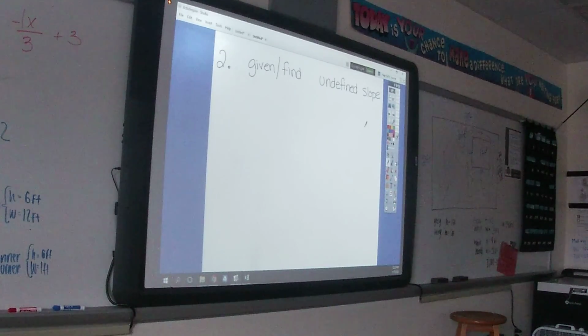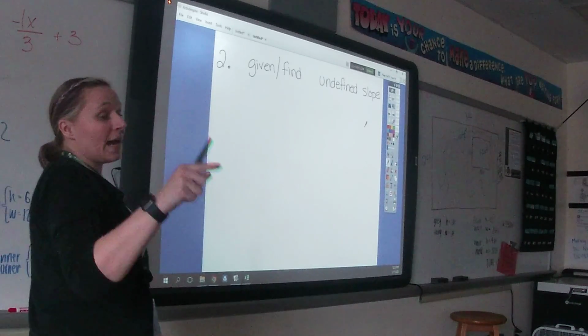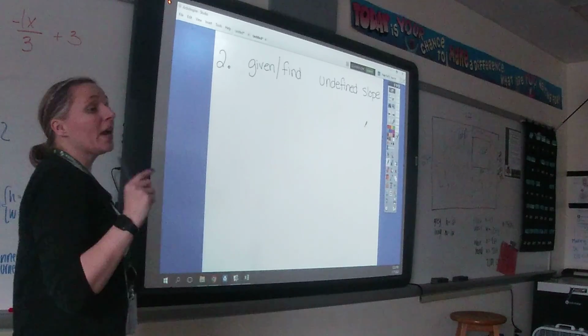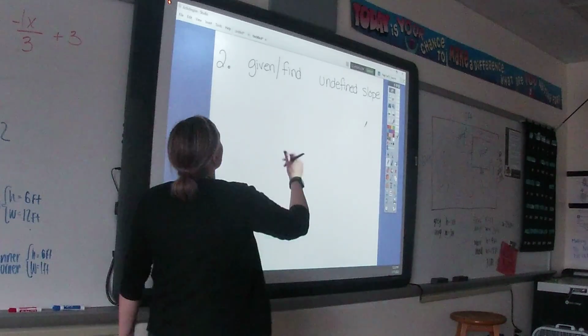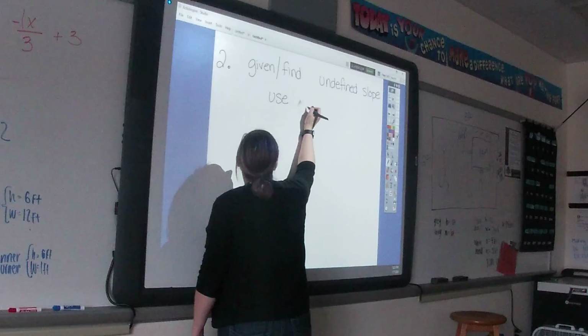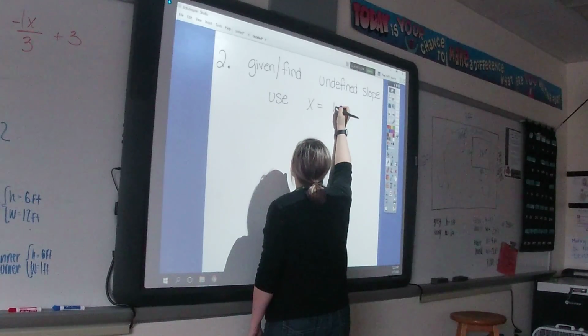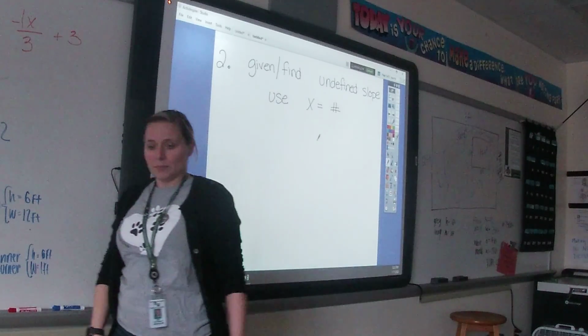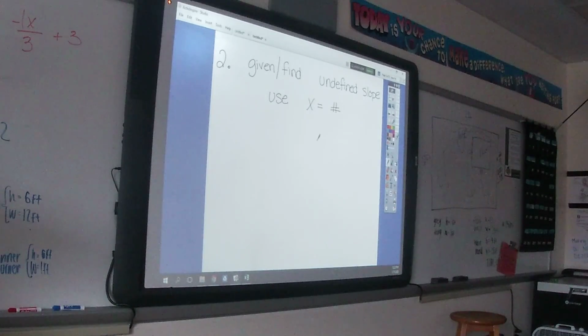What does a line that has undefined slope look like? Vertical. A vertical line. And what does the equation of a vertical line look like? X equals. Okay, so if we have undefined slope, we will use x equals a number. We'll have to figure out what that number is from the information.